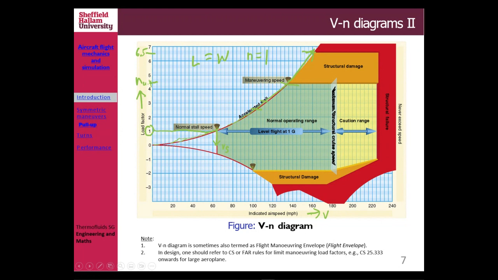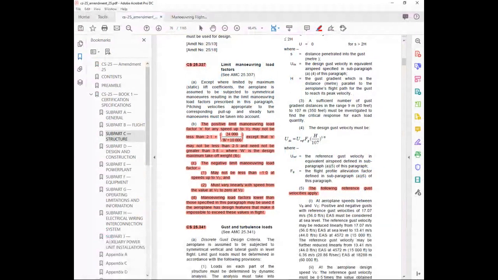I could just pull up CS25 quite quickly to show you some paragraphs. This is what CS25 says about your aircraft; CS25 is the document that you use in your aircraft design.